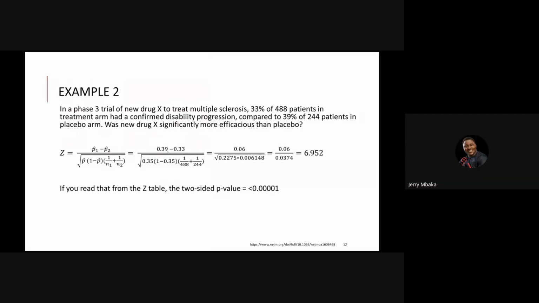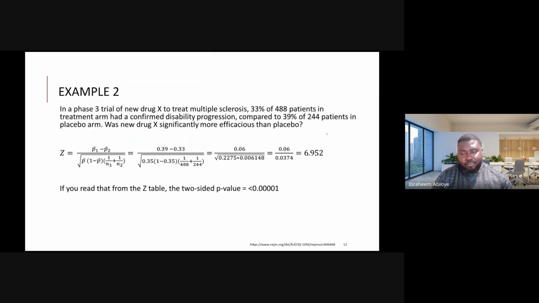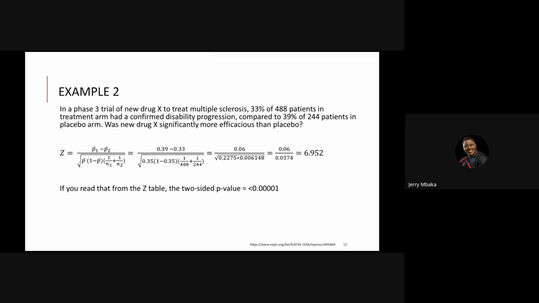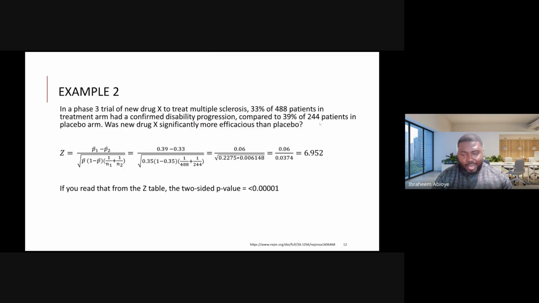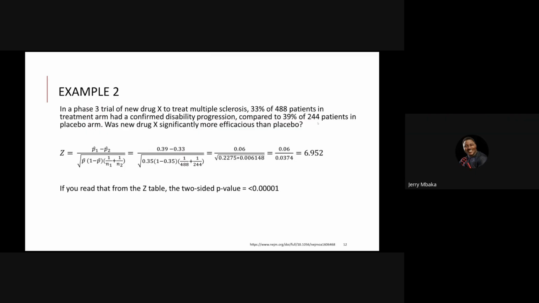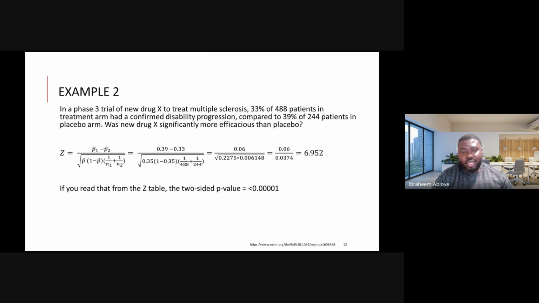Yeah. For the whole sample, we get the number that represents 33% of 488, and then the number that represents 39% of 244. Add them together, that becomes our numerator. Then we add 488 plus 244, that's our denominator. Exactly, and calculate the proportion of that. Correct. And if you do that in this case, you get 0.35.